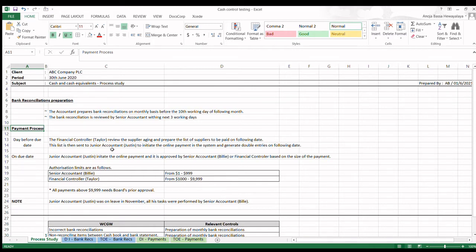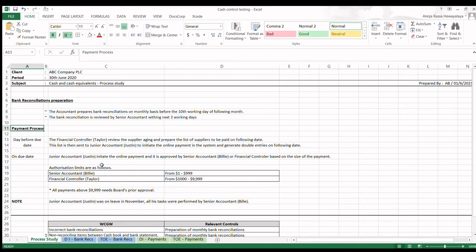This list is then sent to junior accountant Justin to initiate the online payment in the system and generate double entries on the following date. On the due date, junior accountant Justin initiates the online payment and it is approved by senior accountant Billy or the financial controller based on the size of the payment.